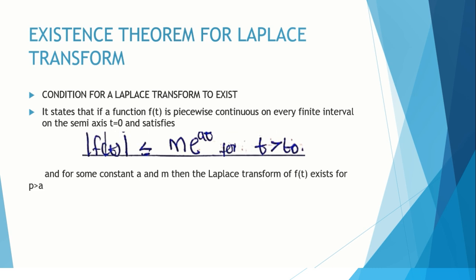The condition for the existence of a Laplace transform states that if a function f(t) is piecewise continuous on every finite interval of the semi-axis t greater than or equal to 0, and it satisfies the condition that the modulus of the function is less than or equal to M e^(at) for t values greater than t naught, and for some constants a and M, then the Laplace transform of f exists for p greater than a.